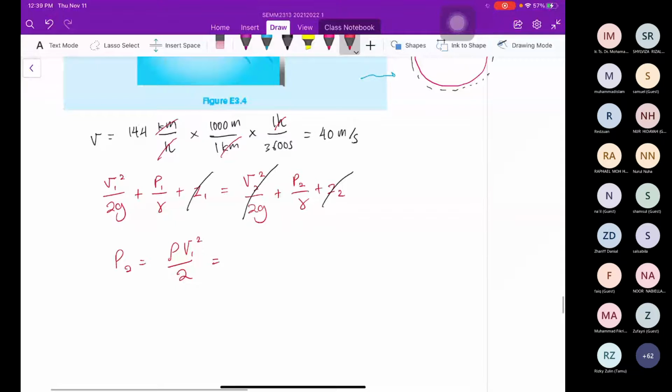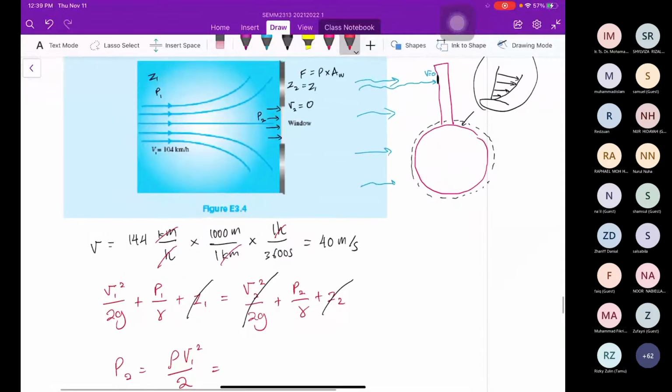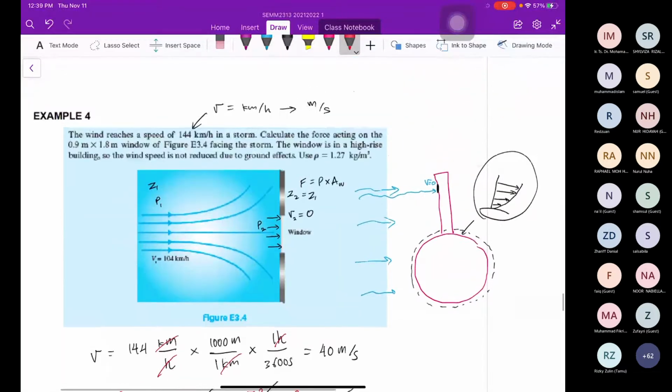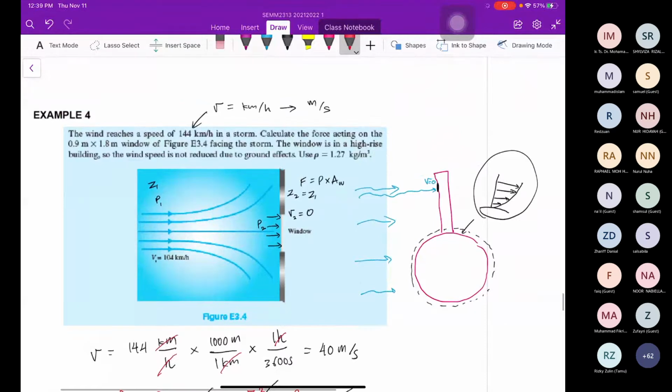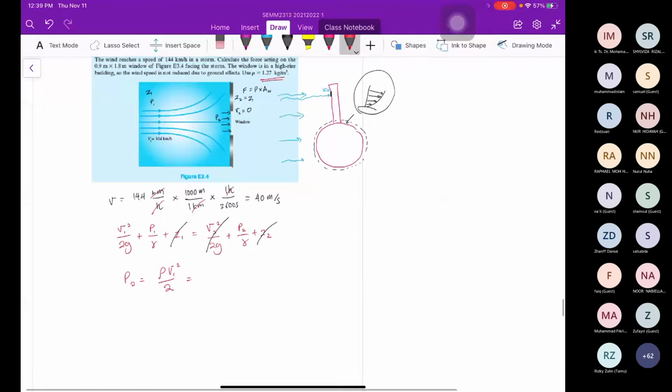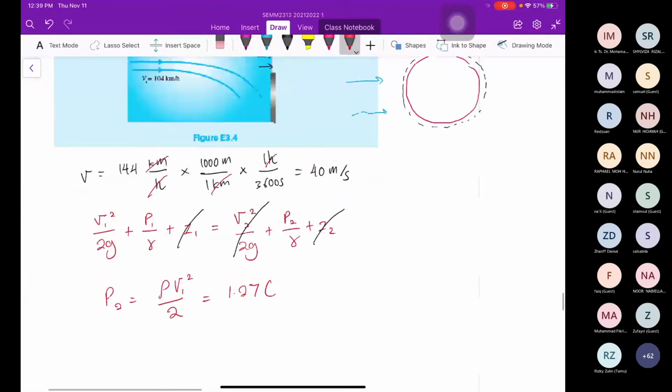The rho is the rho of air. Is rho of air given or not? Okay, it is given, 1.27. So 1.27 multiplied with the velocity that we have converted before, which is 40, 40 squared over 2.